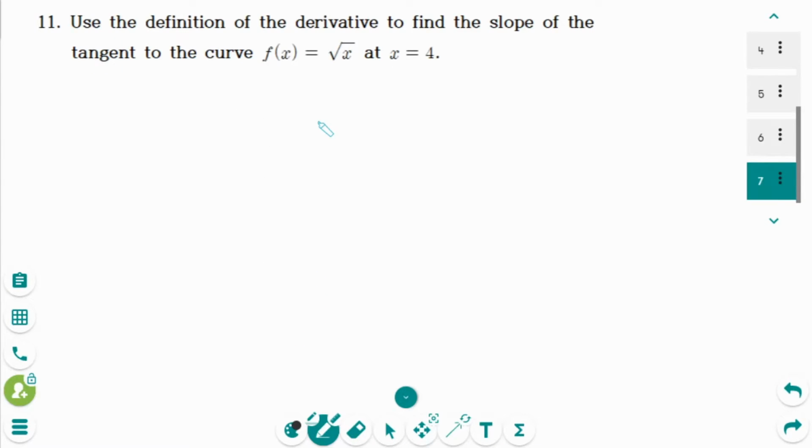Number 11. There are two ways to solve this question. You can find the derivative of the square root of x first, then put 4 into x.